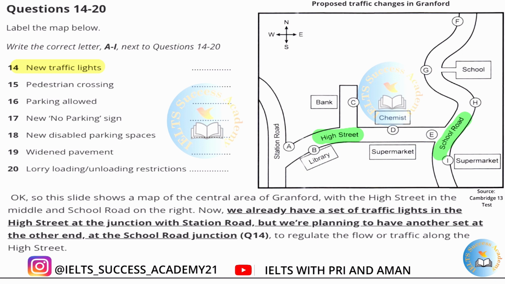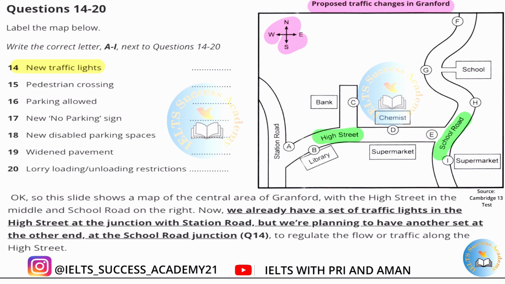Also, if you check the heading of the map, it says proposed traffic changes in Granford. That means whatever you are going to be listening to will be regarding traffic. Also, there is a key here which gives the direction, which I am highlighting in pink, and they will probably be referring to this in terms of direction: north, south, east, west.